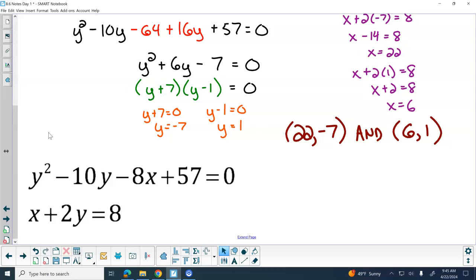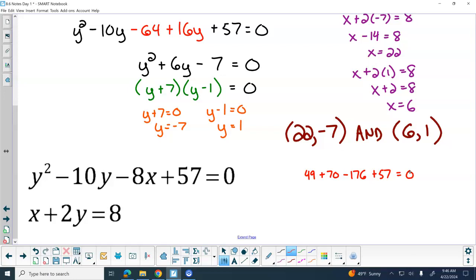So negative 7 squared is 49. Negative 7 times negative 10 is positive 70. 8 times 22, 6 carry the 1, 176. So then that's minus 176 plus 57 has to be 0.